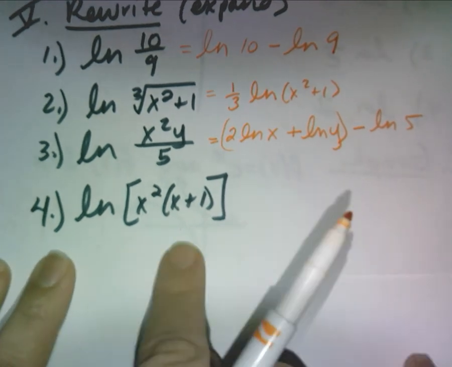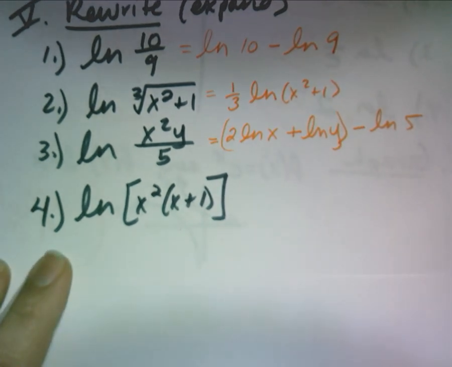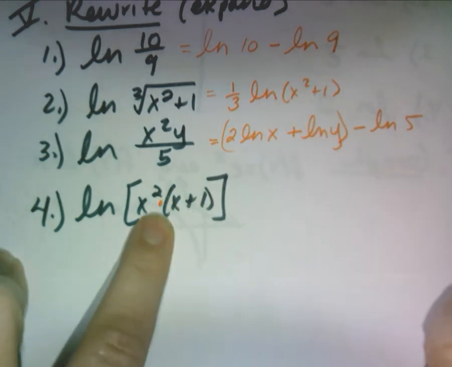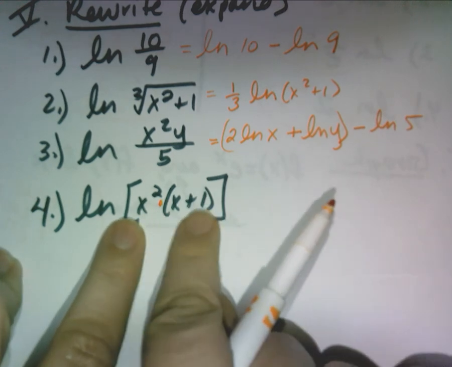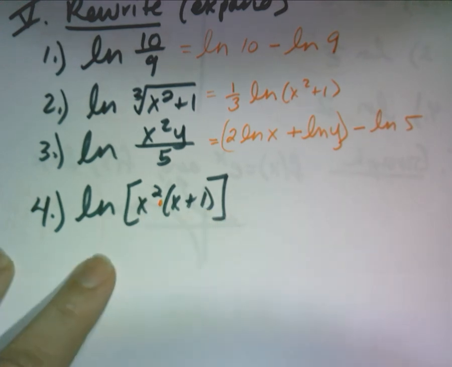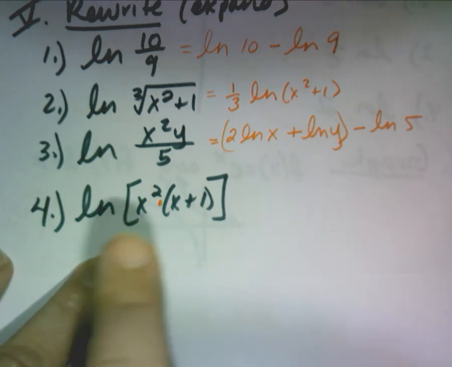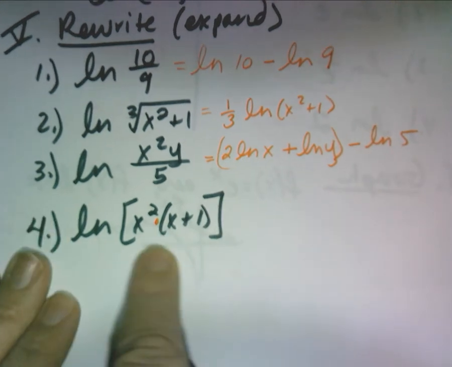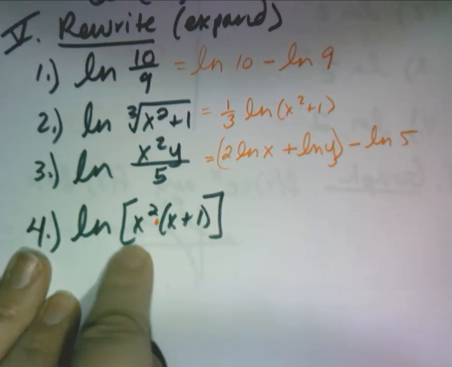All right, and then this last one, what would you do here? There are actually 2 ways of doing this. This is multiplication, is it not? So you can actually separate these two. And again, why are we doing this? Because you are about to take derivatives of ln's. And it's actually easier to take a derivative of multiple ln's than it is of this. This is like crazy product chain rule.